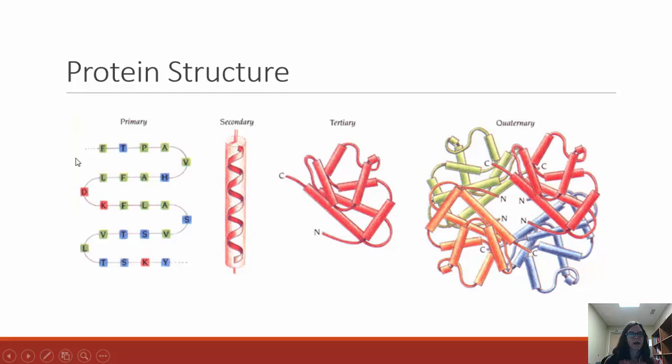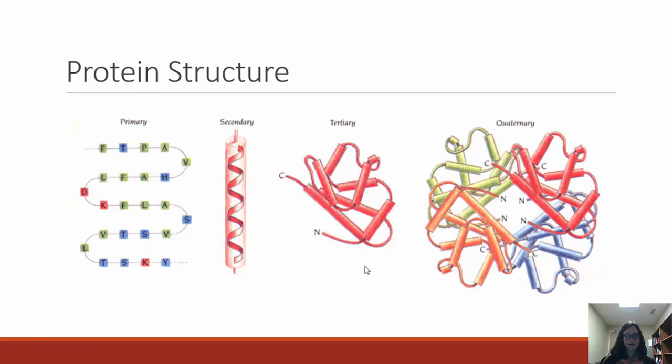But then once the polypeptide chain starts to grow, we get interactions between the side chains of these amino acids on the polypeptide chain. And we get some weaker bonding, such as hydrogen bonding, which helps the protein to develop a secondary structure, a more complicated structure that has some weaker bonds to change how everything is lined up and interacts with each other. Then we get more complicated with our protein, and it has a tertiary structure.